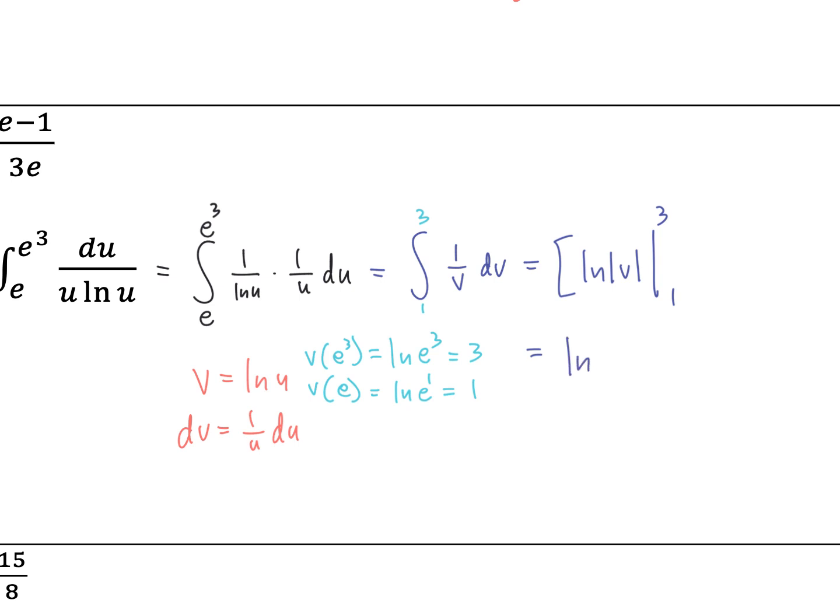We don't need the absolute value since we're plugging in numbers. Minus ln of the bottom limit. Alright, and then just so you know, ln of 1 is 0. So that just goes away, and our answer is just ln 3.